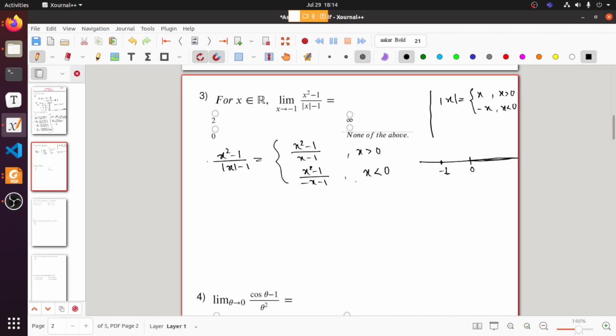We only consider this part, the limit as x tends to minus 1 of x square minus 1 by minus x minus 1, right?